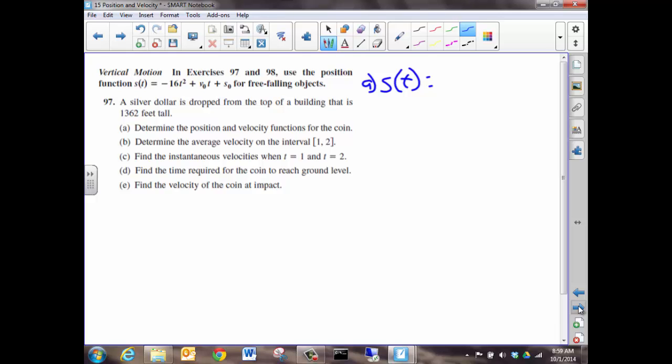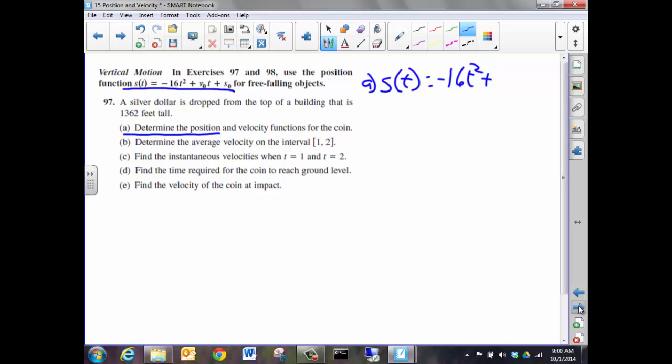Yes, sir. Position when it's dropped, or before you drop. Now, we want a position function. We want something with t's in it up here. We want you to use this. That's our position function. Now, we don't want any variable in there but t, so it'll be negative 16t squared plus v sub 0 t.